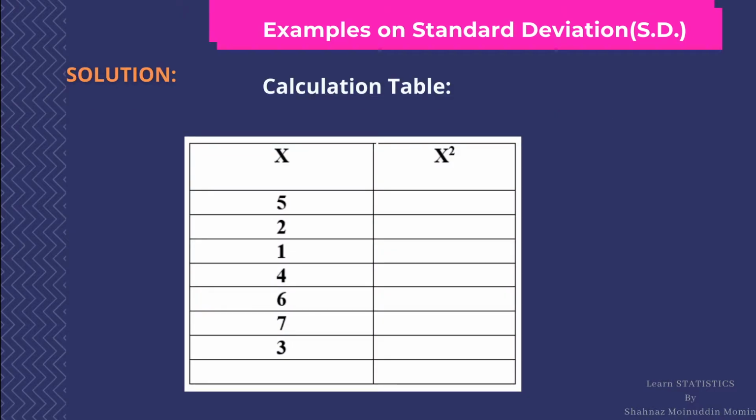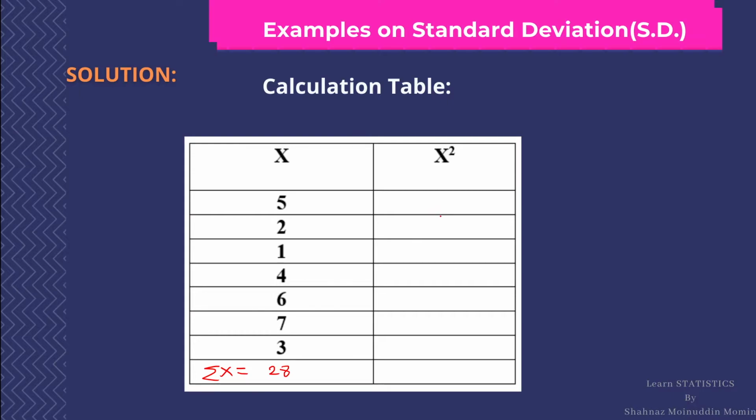To prepare a calculation table, I have written the values of x in the vertical column: 5, 2, 1 in a vertical manner. So take the total at the bottom of the column. We get sum of x is equal to, by adding all these terms, 28.